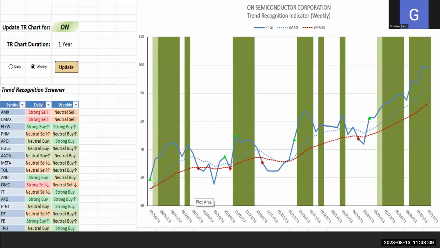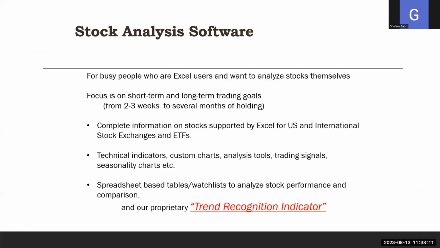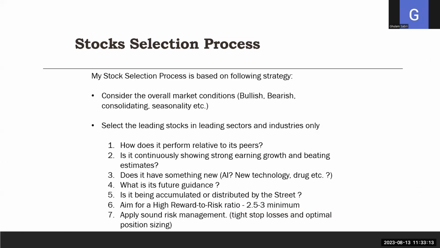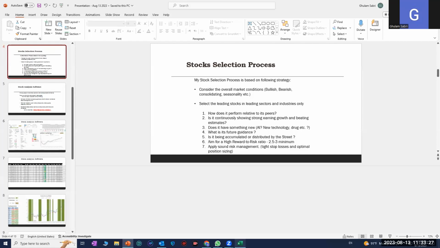And this thing right here, select the leading stock and leading sector and industries. This is where we compare it with its peers and the industry. And that's how we select. So that's a more descriptive thing.